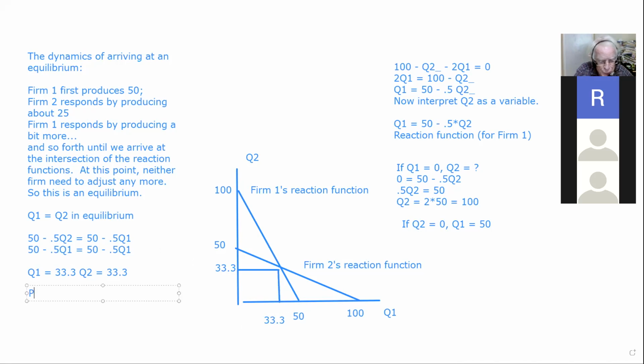Remember that the inverse demand function for the industry is 100 minus industry output, or Q1 plus Q2. Or 100 minus 33.3 minus 33.3. That is, the price is about 33.3.